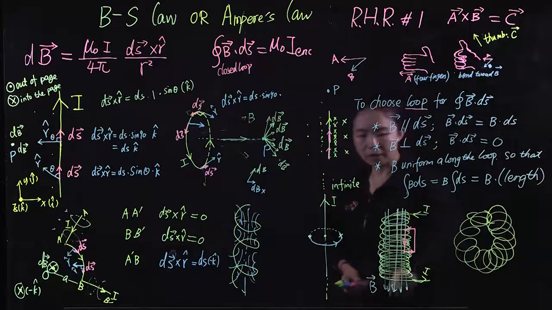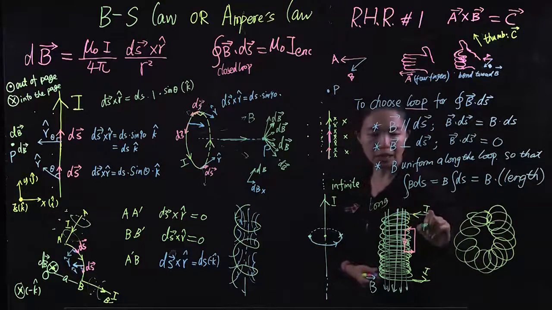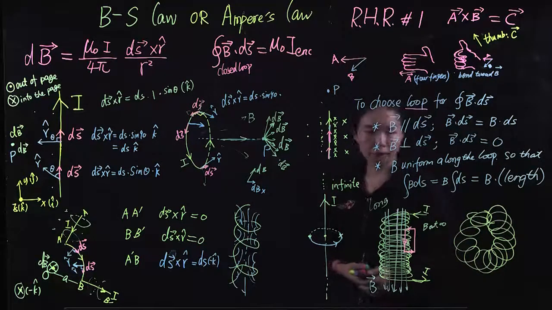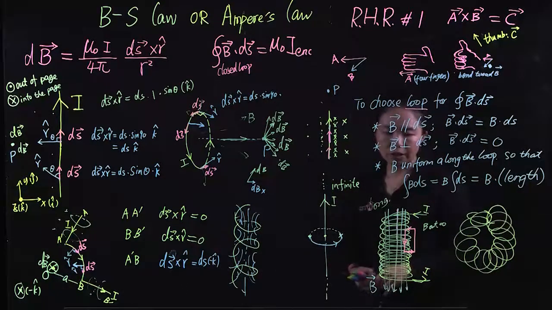We also know if this very densely packed wire is very, very long, it's a long solenoid, the B field outside is equal to 0, and then this part gives an integration of 0. And it also makes this integration doable and easy. We eventually find 0 plus B multiplied by the length L plus 0.